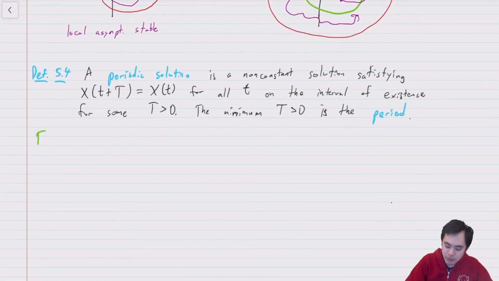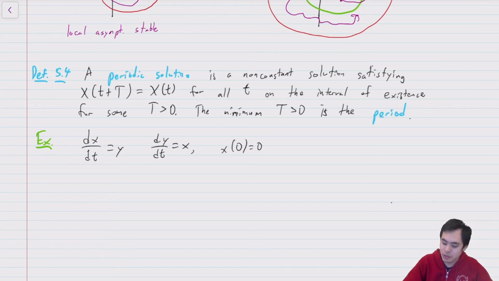And let's go ahead and give a very concrete example, just so that we all are on the same page. So let's say we had a system of two different differential equations, dx/dt is equal to y, and dy/dt is equal to negative x, and x of 0 is equal to 0, and y of 0 is equal to 1. You know how to solve this.